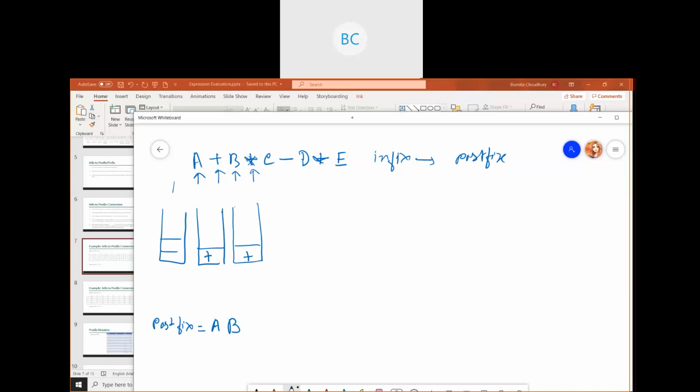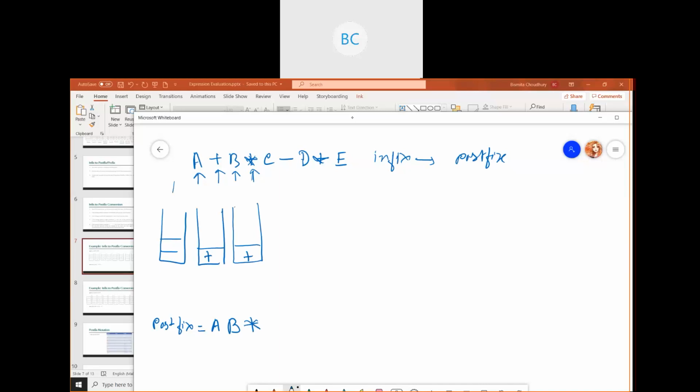So next we have a multiplication. The moment you get an operator, you will check what is inside your stack. Inside your stack, you have plus and now you are getting a multiplication. Now the precedence of multiplication is higher than plus. So you are not going to pop the plus here.